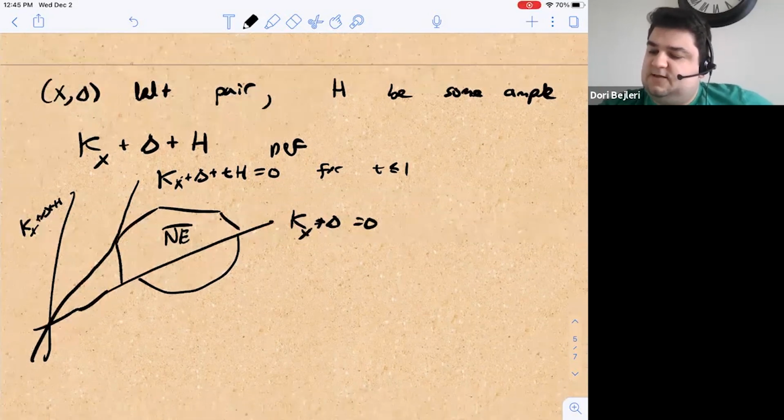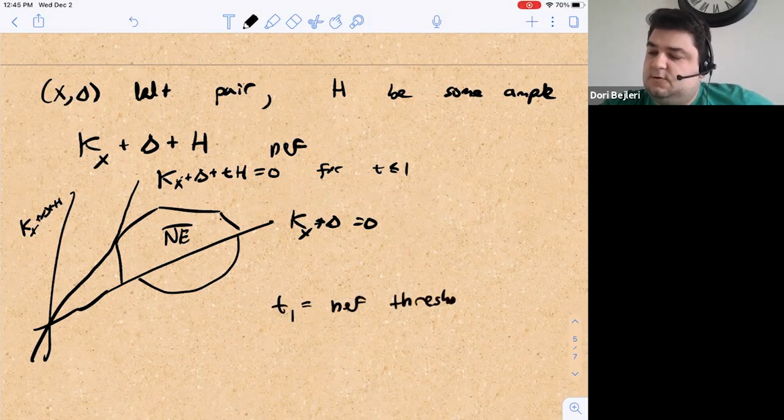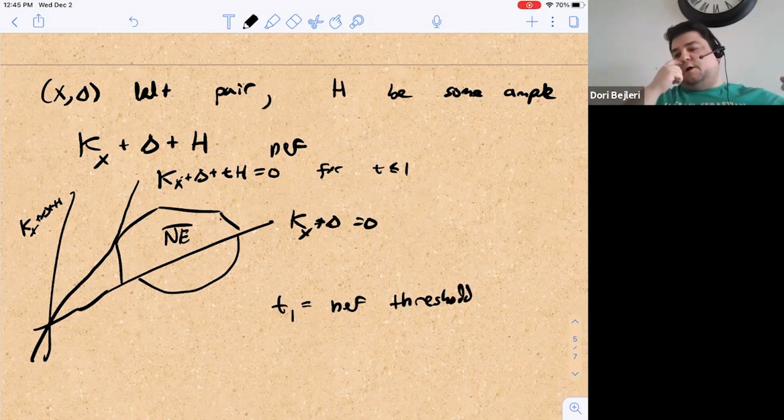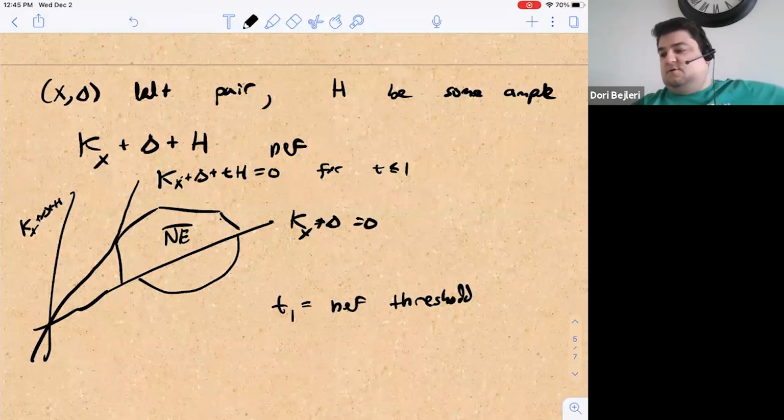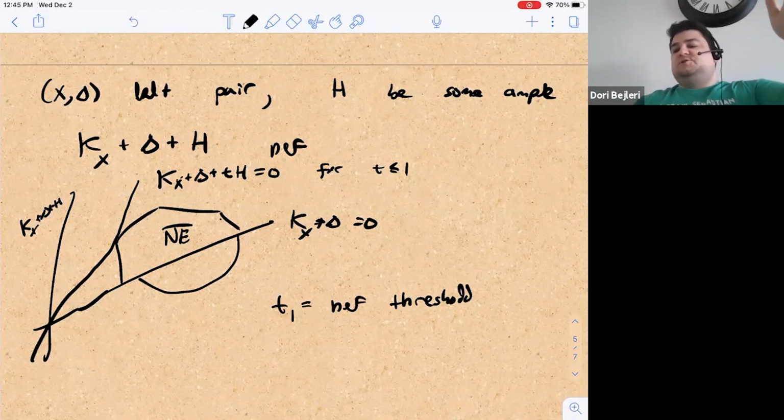So basically we let T1 be the nef threshold. It's the smallest coefficient on H where the sum is still nef. And when we do that, we're going to hit the boundary of the effective cone.